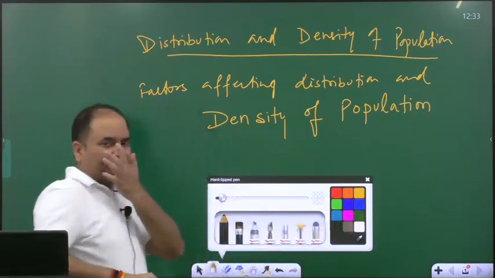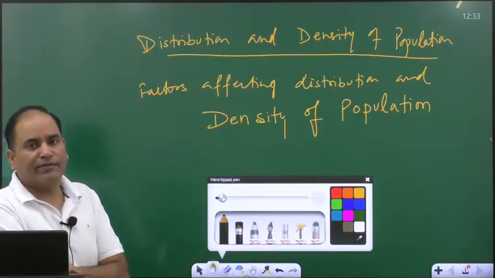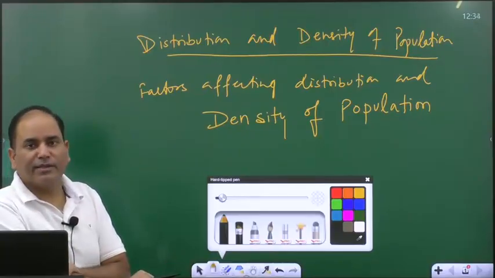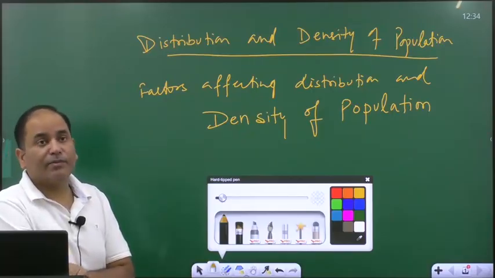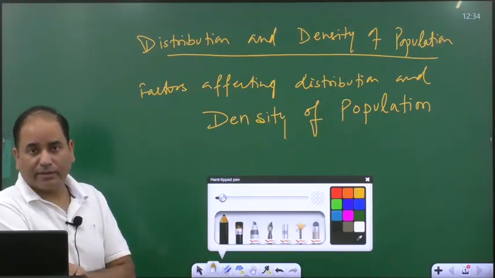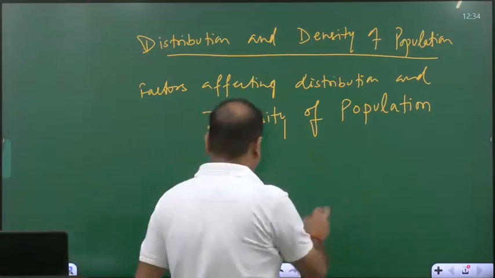What could be some of the factors which are playing an important role in this distribution and density of population? Why in some places will we have very high population, and why in some places will we have very less population? What could be some of the factors?